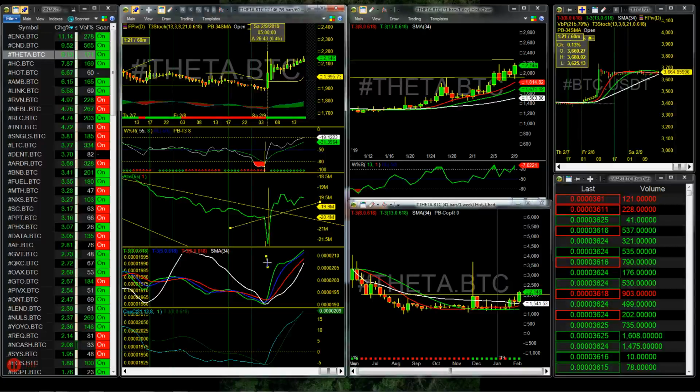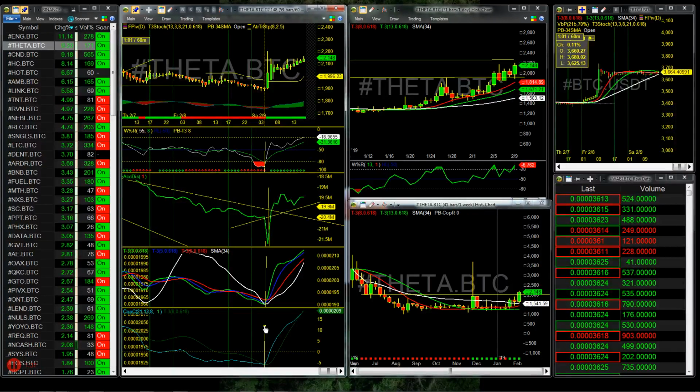I got my T3s, and you can see that all of them, I kind of like this one, the Koperek, crossing over the T38 best, as a great signal beforehand, leading indicator.